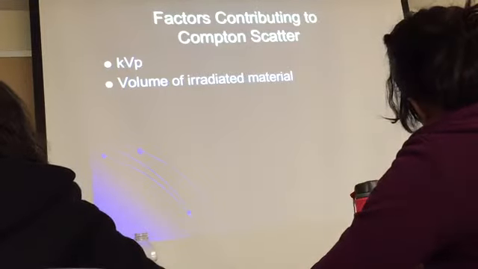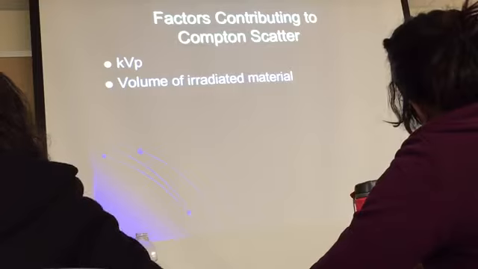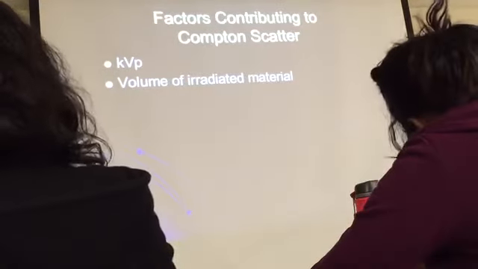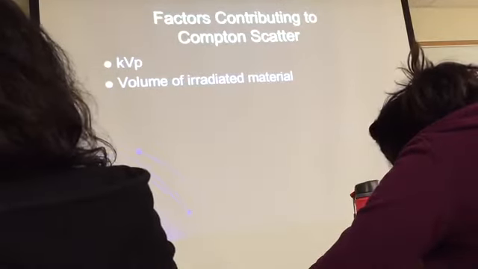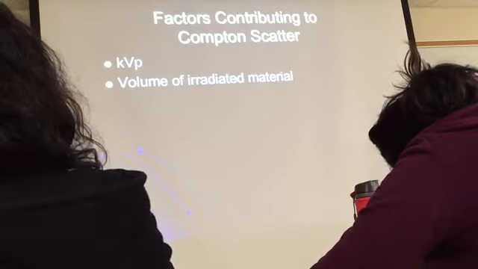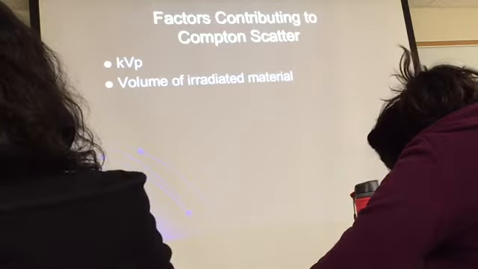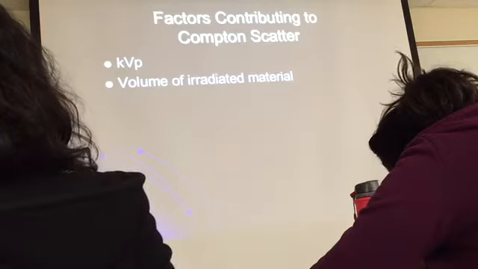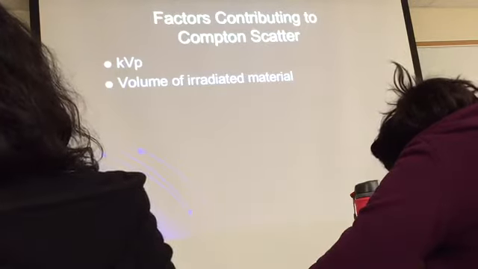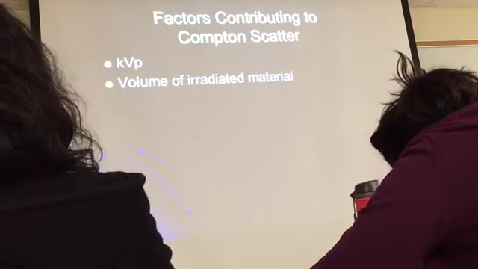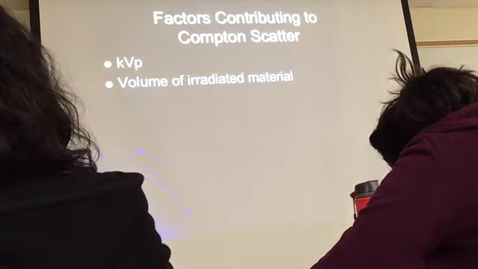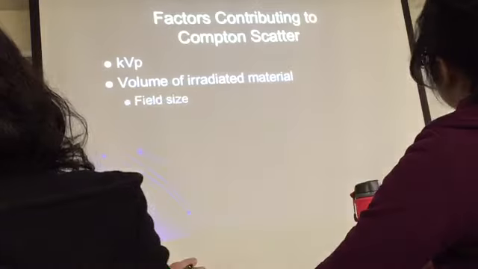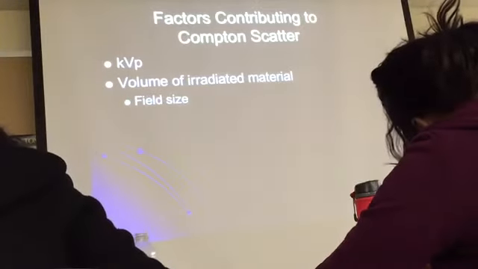At the same time, the larger the field that you include, so you include more tissue, the more scatter radiation you're going to have. So that's why it is important to collimate. By collimating, you're restricting the amount of tissue that is being irradiated. And here's where we look at field size.